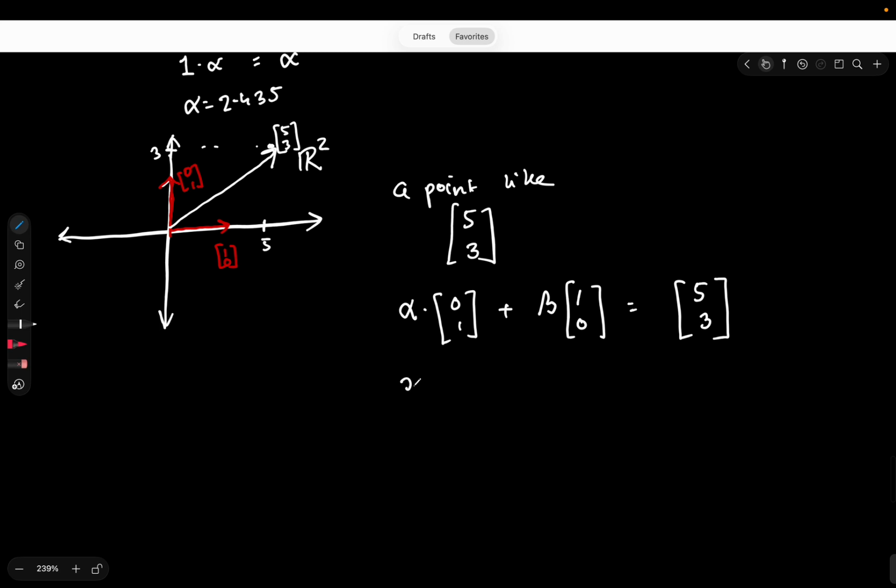So alpha is 3 times (0, 1), plus beta is 5 times (1, 0). So it becomes (0, 3) plus (5, 0), so we are getting (5, 3), this vector. And like that we can take any arbitrary values of alpha and beta and get any point on the 2D space with just these two vectors (1, 0) and (0, 1).